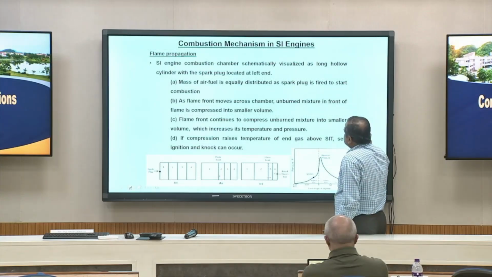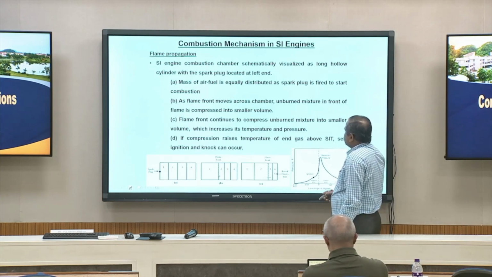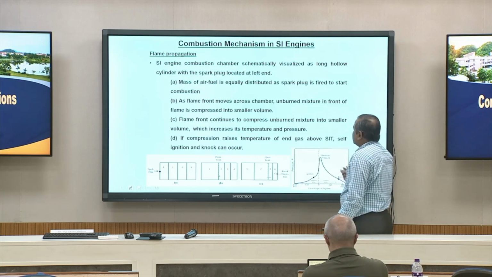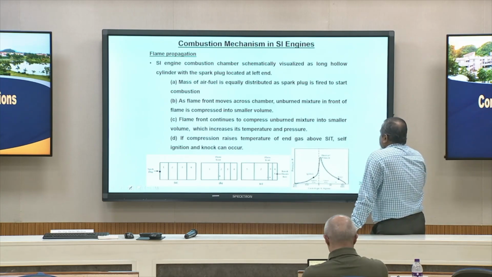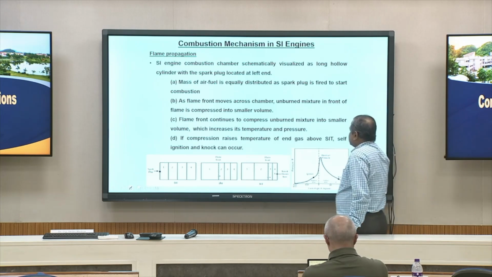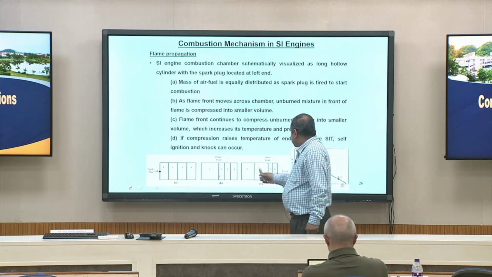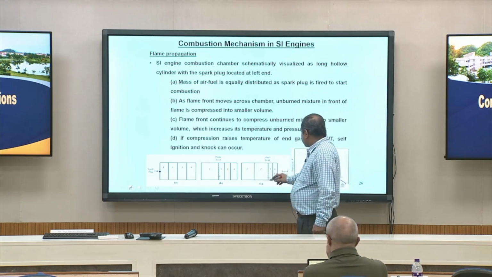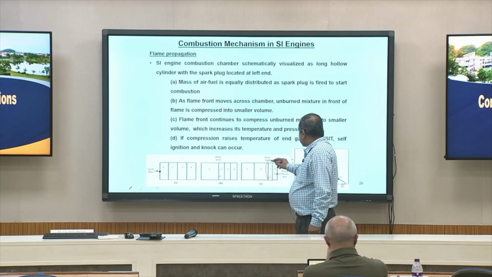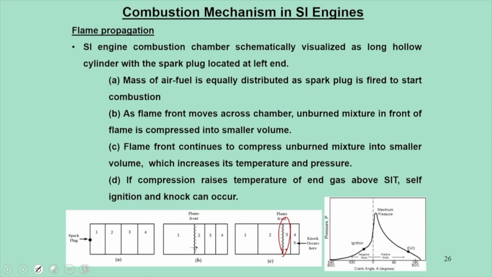As the flame front moves in the combustion chamber, it can cause knocking, or if it doesn't reach a point, this particular experiment shows that when your flame front is at some location and has not reached the end gas, because of undesirable mapping of pressure, temperature and charge, knock can happen only at this location.